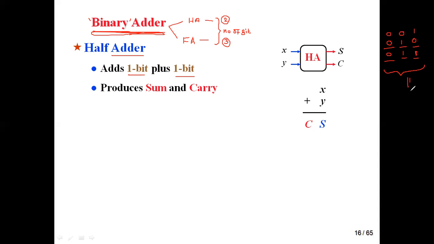Now please listen here. I'm going to add another two binary numbers, 1 and 1. At the time of adding these, please listen carefully. It produces the output as 0, since 1 plus 1 is 10. This is called what?